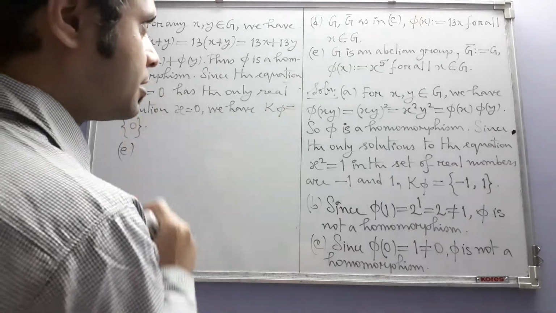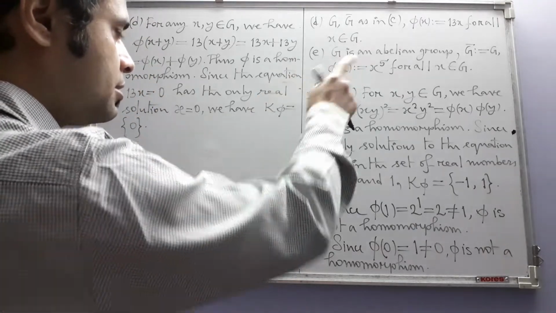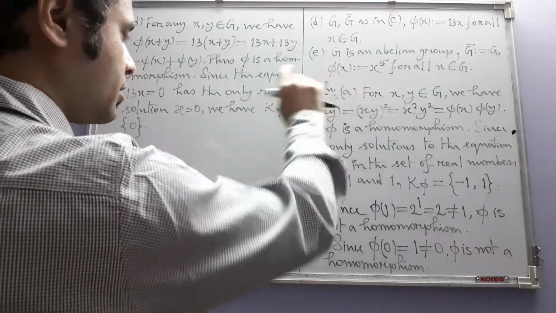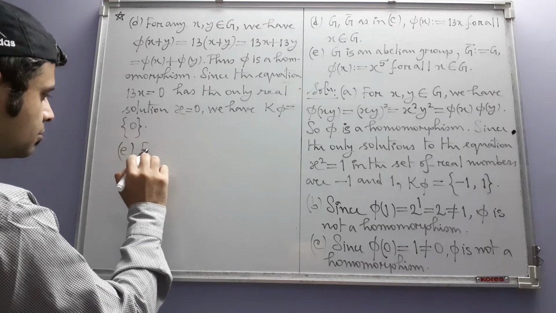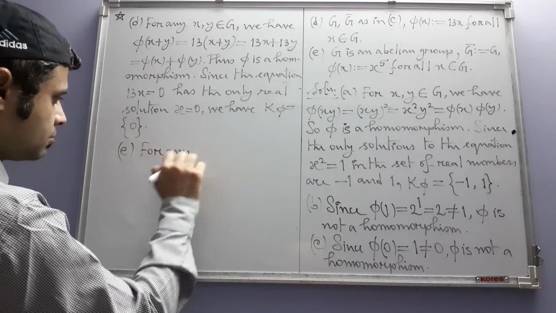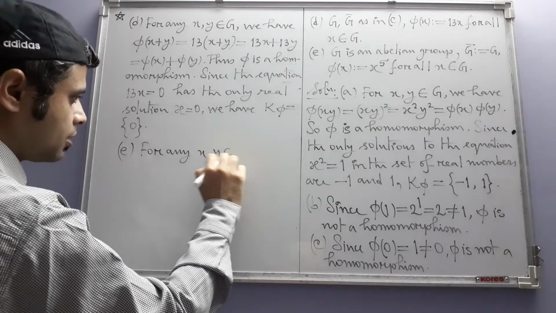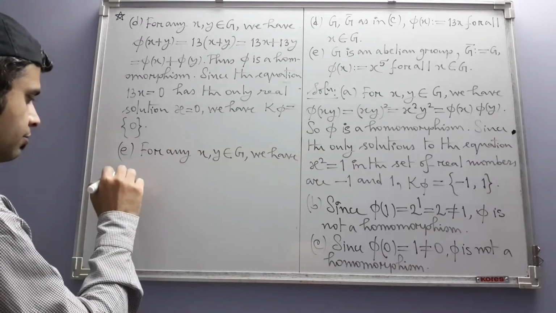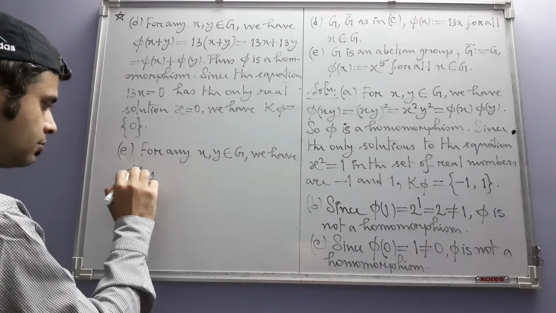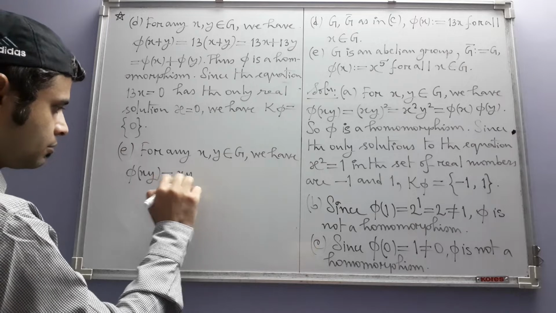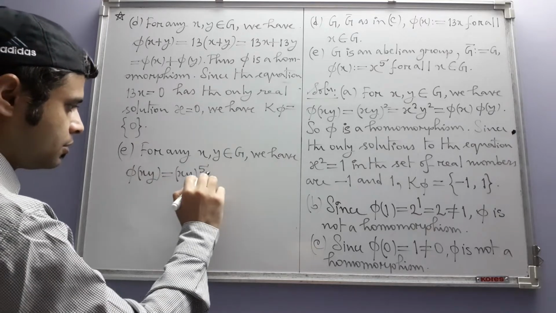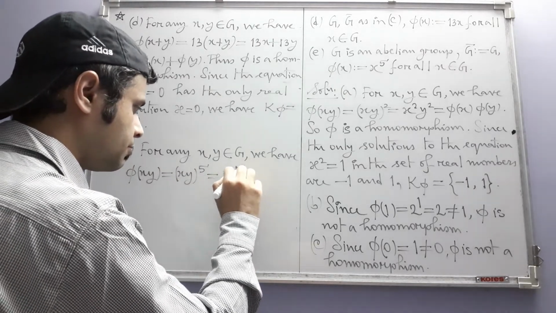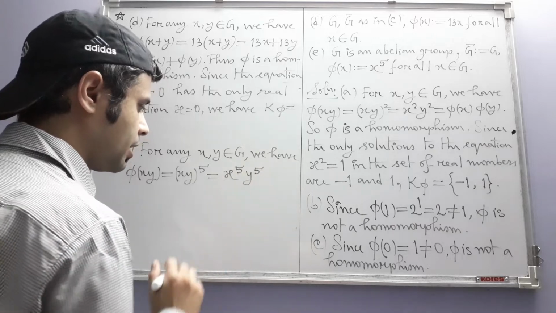Finally, in part E, we are given G is an abelian group. G is any abelian group. G bar is G and the function is this. For any x and y in G, we have, since we are in an abelian group, so this power will be equal to x to the power 5 times y to the power 5.